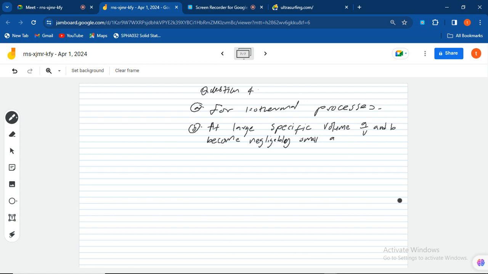And at low pressure, real gases behave like ideal gases.